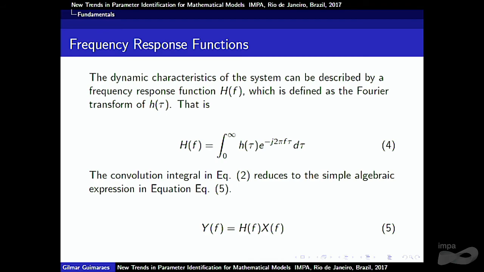So we intend to work with the data in the frequency domain because it's much easier than the time domain to obtain the response of the system.